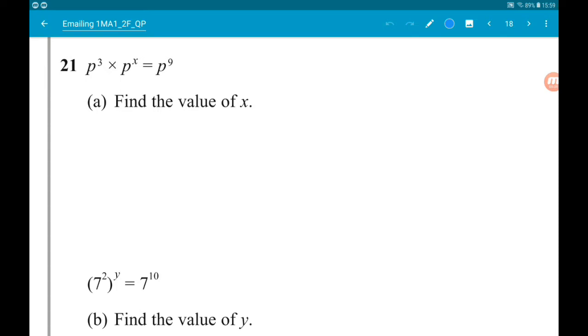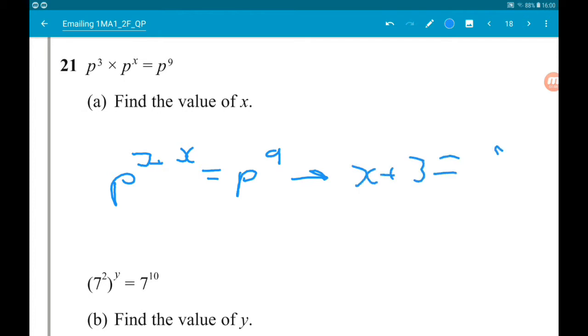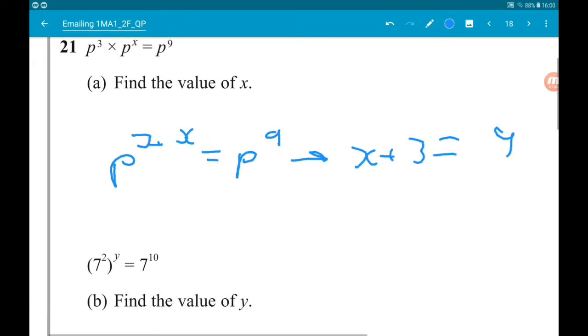So we get p to the power 3 add x is equal to p to the power of 9. Now that means the powers have to be the same, so x add 3 is 9, so x is 6.